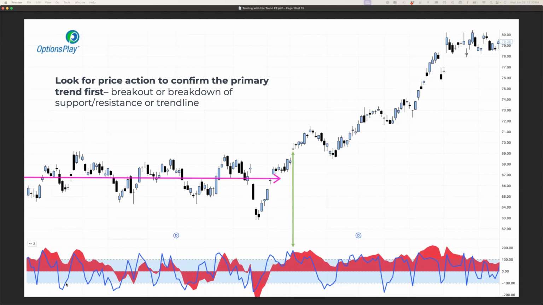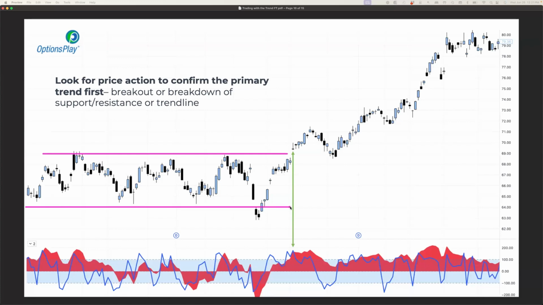So for example, here's a good example of this, right? Momentum here is positive, and this generates a buy signal. But notice how this stock has really been range bound for quite some time, between 69 and call it 64, 65, right? So this stock has been range bound this entire time.